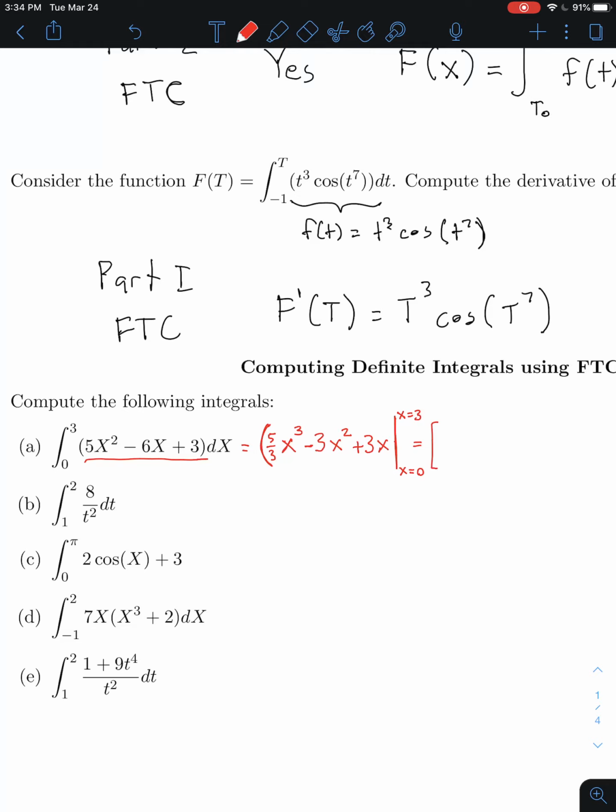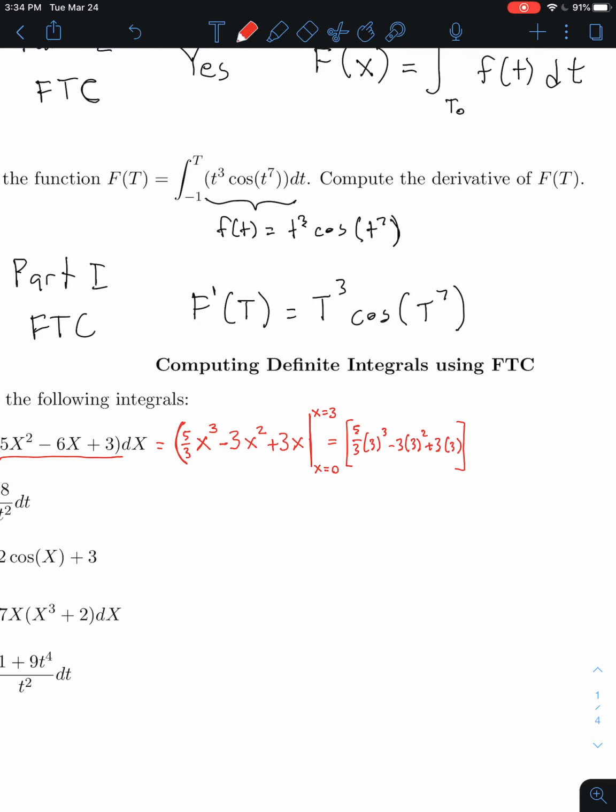If we plug in 3, we're going to have 5/3 times 3 cubed, minus 3 times 3 squared, plus 3 times 3. And if we plug in 0, we can easily see that all of the terms in that function are going to go to 0. And all that we have left now to finish this integral is to simplify.